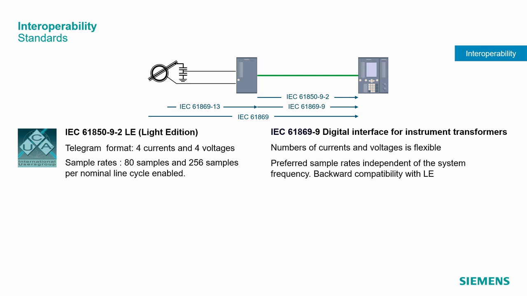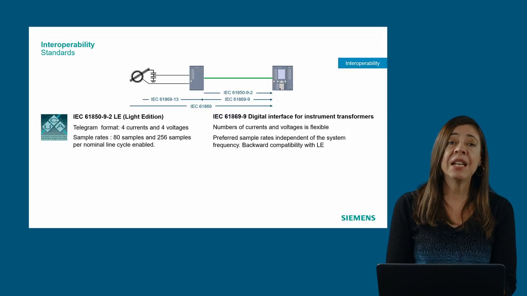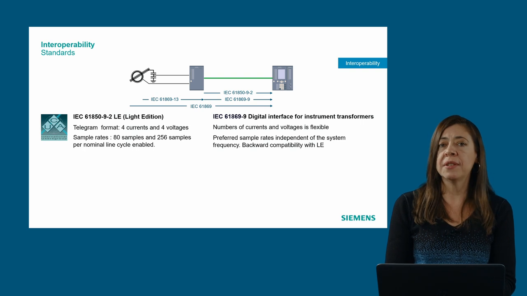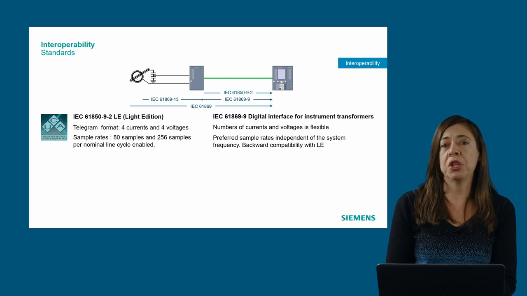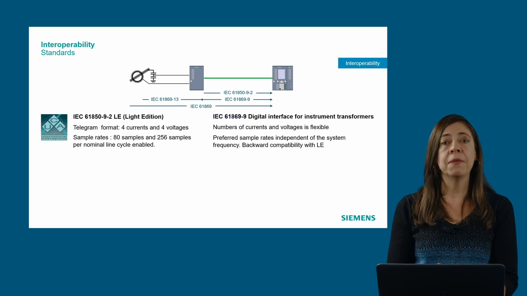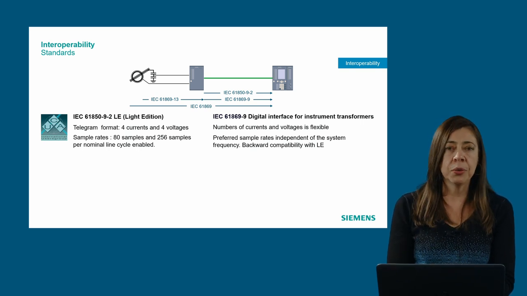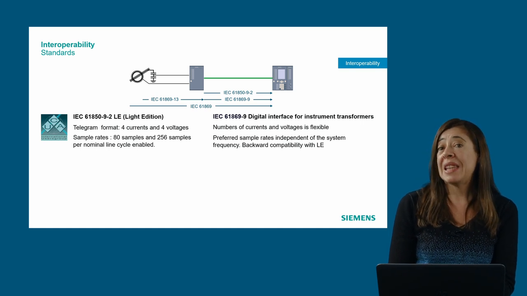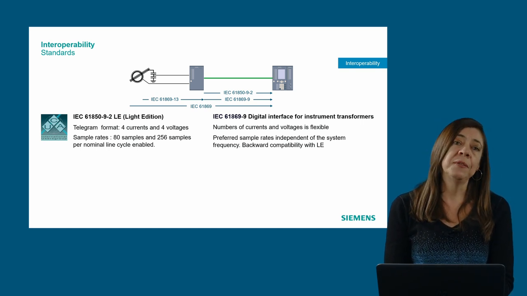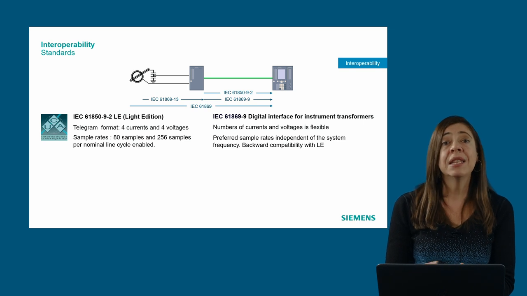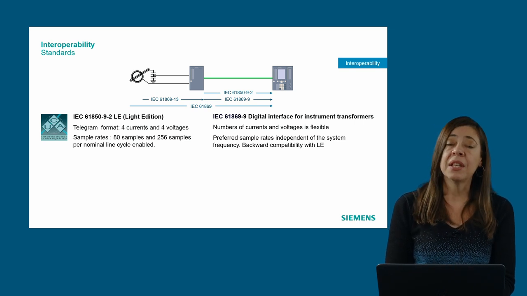Then we need to talk about the sampling rate. For the Light Edition, it was defined to have 2 different sampling rates: 80 samples per cycle for protection functionality and 256 for power quality or any application requiring a higher sampling rate. But this sampling rate is dependent on the frequency of the system, and that's something that the standard of the instrument transformers wants to avoid.